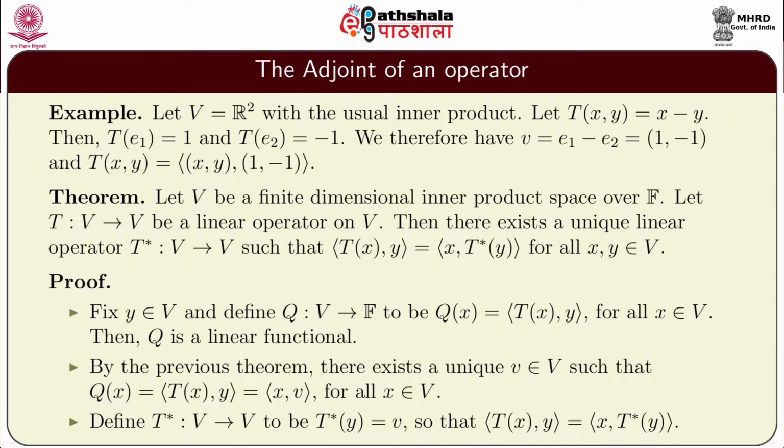Therefore, by the previous theorem, there exists a unique v in V such that Qx, which is inner product Tx comma y, is given by inner product x comma v for all x in V. Now define T star from V to V to be T star of y equal to v, so that inner product Tx comma y is inner product x comma T star y.